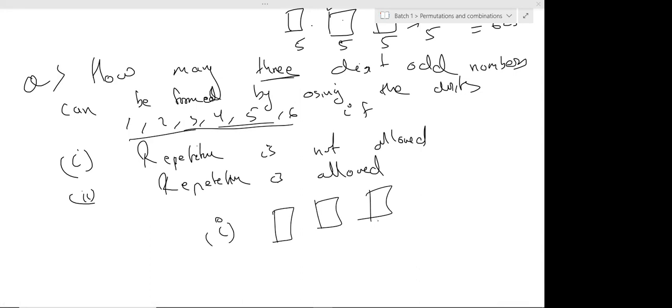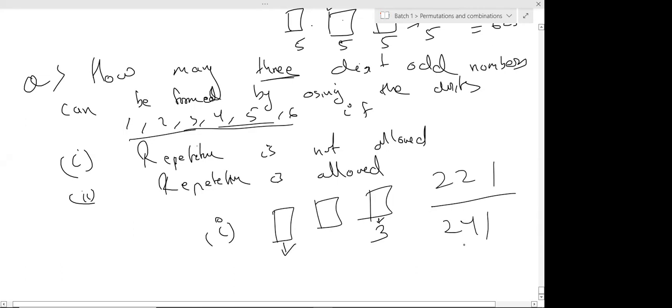In how many ways can you fill the first box? Two, sir. Why 2? Sir, because repetition is not allowed. Absolutely right. But see, for a number to be odd, only the units place matters, right? 2, 4, 1 is an odd number.